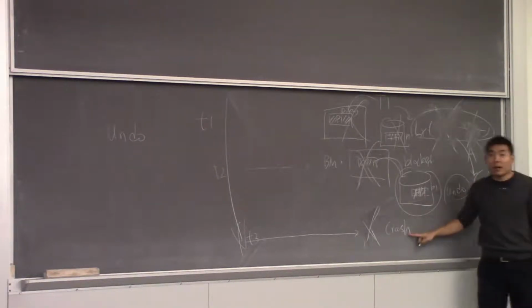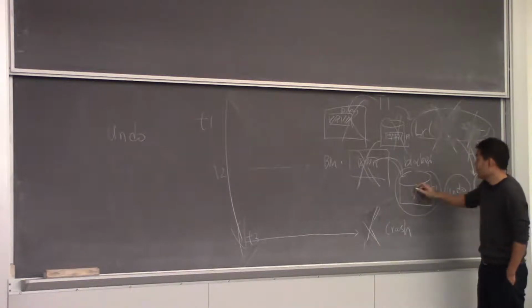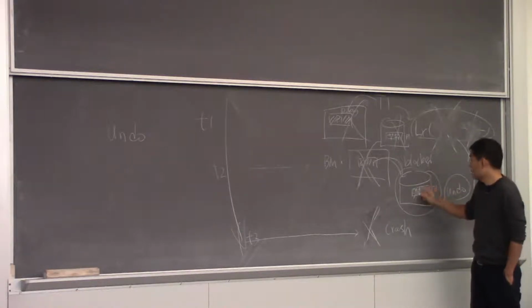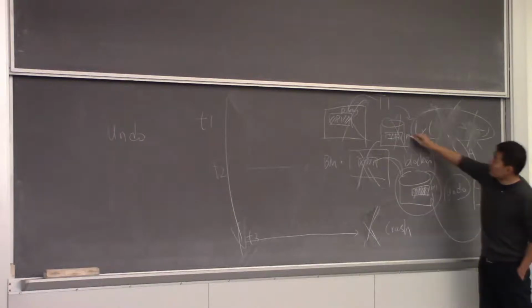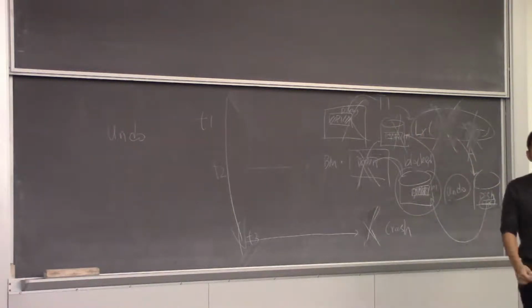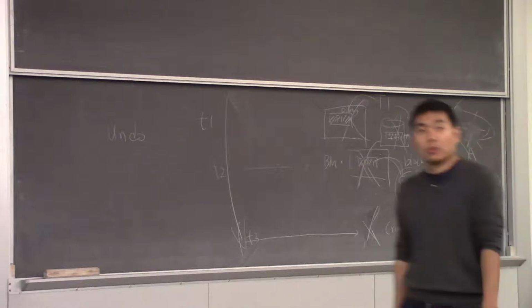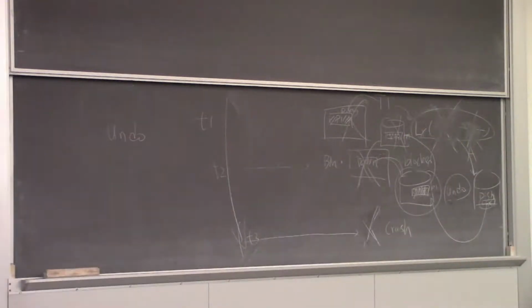So when the system has crashed, yes, I end up with this page, which is like that. But my Lx is here. I can load this back in to change this back, to undo that.